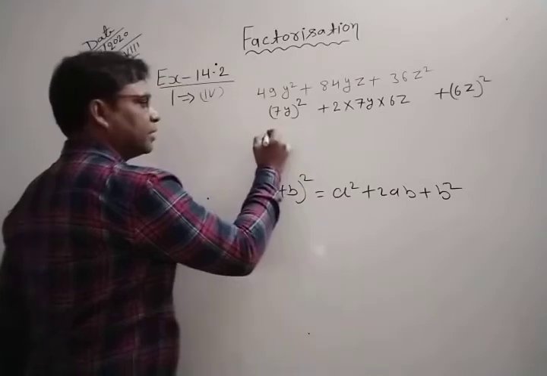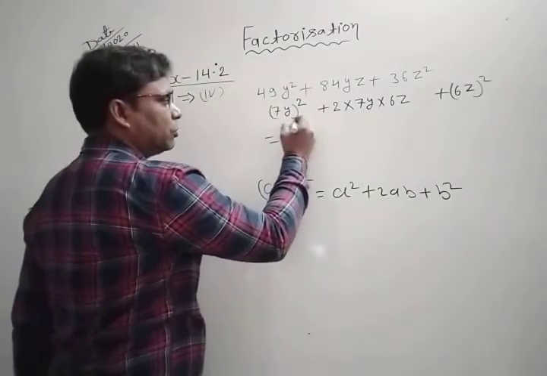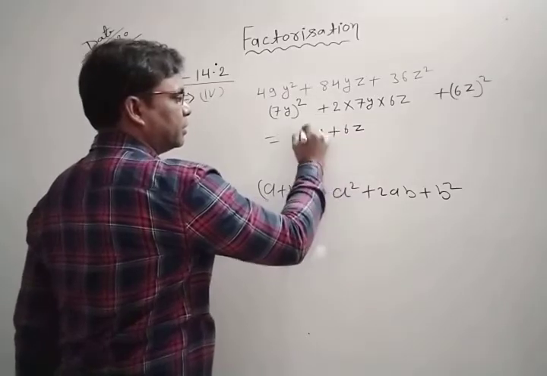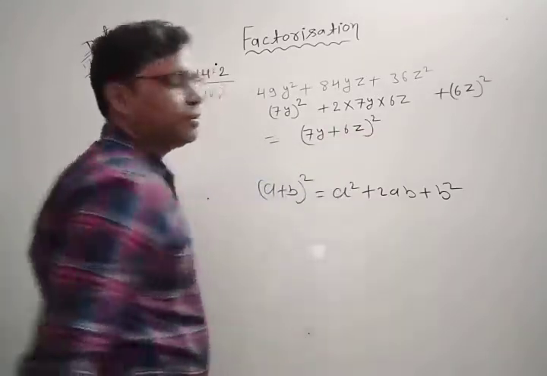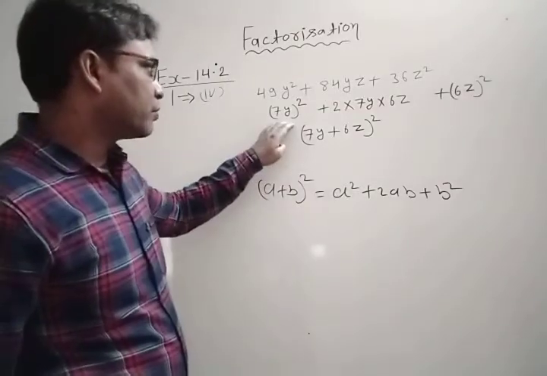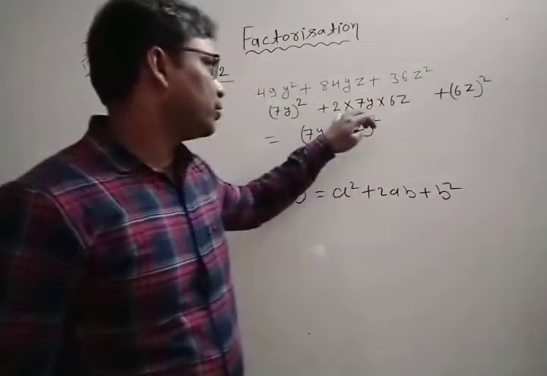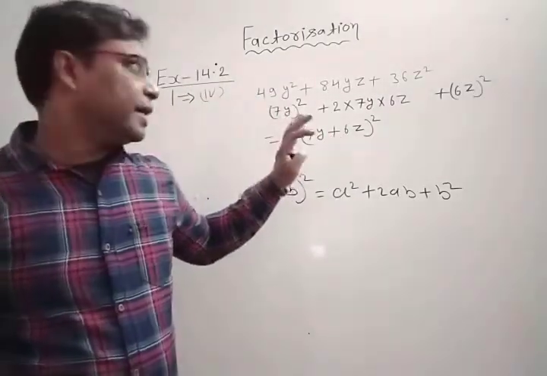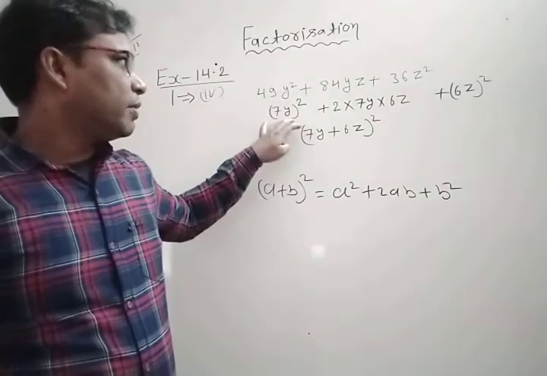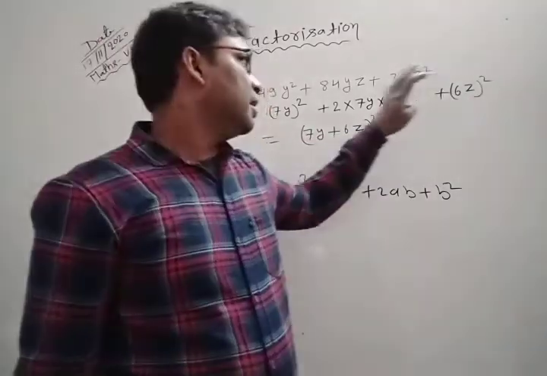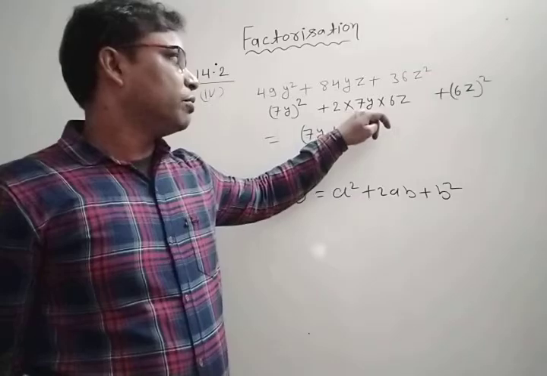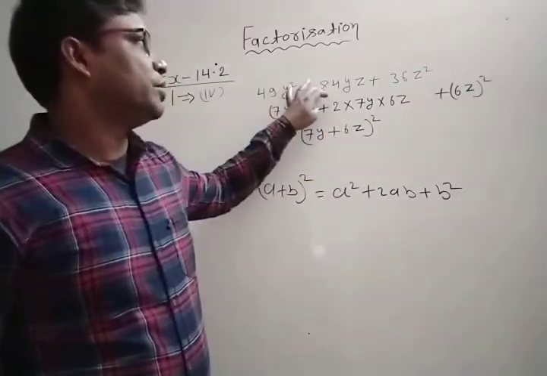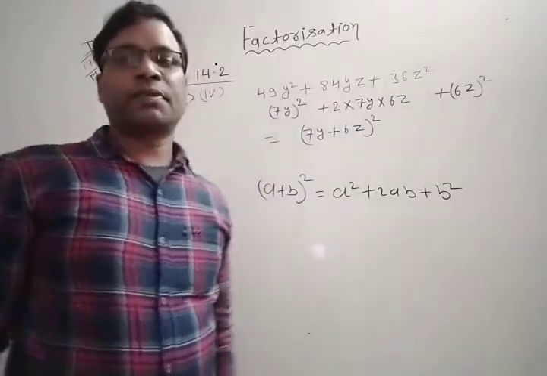So you can write it as the whole square of 7y plus 6z. That is, the square of 7y plus the square of 6z plus 2 into 7y into 6z, which becomes 49y square plus 84yz plus 36z square.